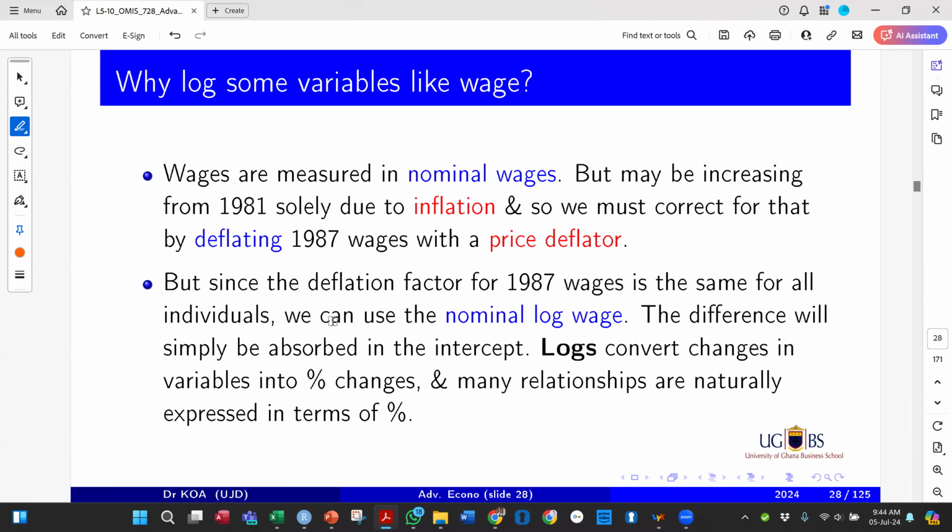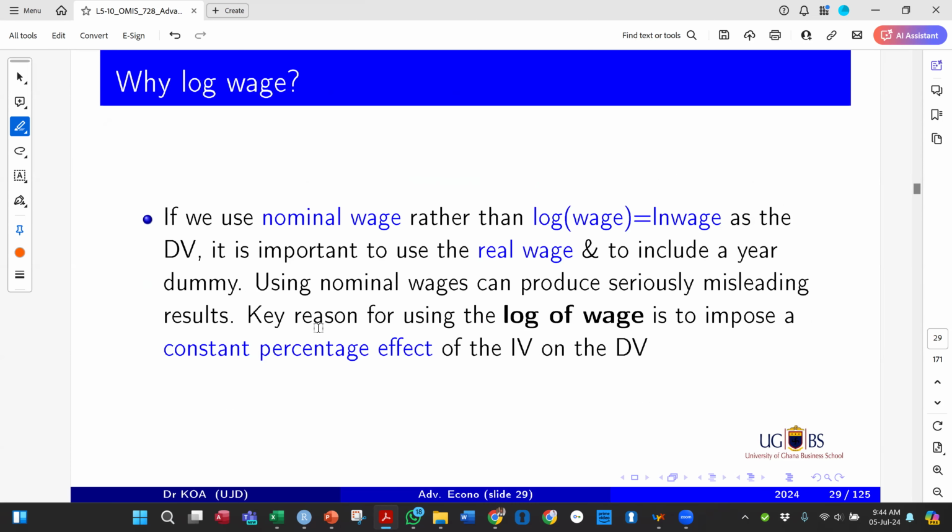The logs will convert the changes into percentage changes, and as we did last time, when you are interpreting those with logs, we interpret them using percentages instead of levels. So why log the wage? Because real wage is seen to be the proper reflection of the actual wage.